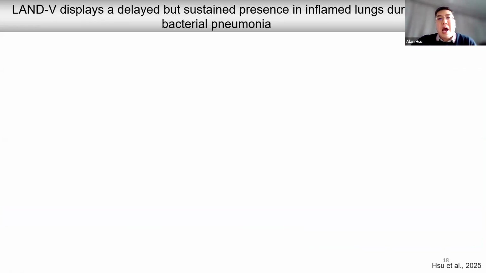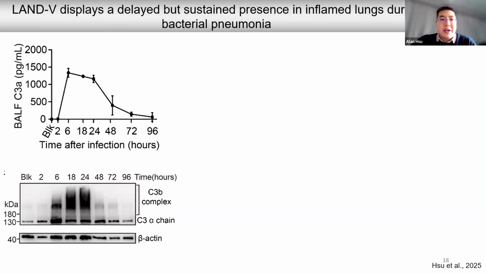So, but how do LAND-Vs stay there that long? So we actually wanted to see the physiological role of LAND-Vs. We know that it works through complement, and the complement activation curve during this pneumonia starts at 2 hours, peaks at 6 hours, persists until 24, and drops off.